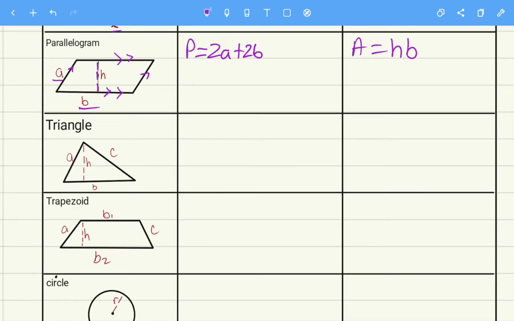Now, triangle, again, our perimeter, we could just add all the sides, so A plus B plus C. Area is 1/2 the base times the height. You might also see it as area equals the base times the height divided by 2. Both of those are the same thing.